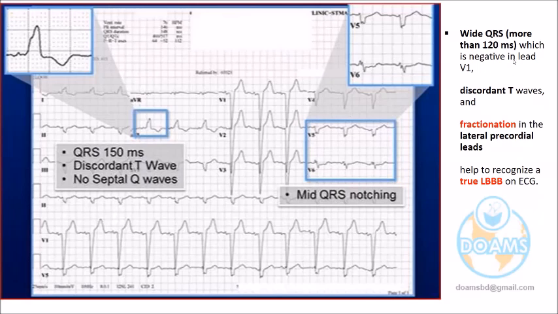The wide QRS may be visible with or without notching. QRS negative in lead 1 means right-sided, so it will be left bundle branch block. So fractionation in the lateral precordial leads is important and helps to recognize true LBBB. Remember this. Fractionation is very important for LBBB.